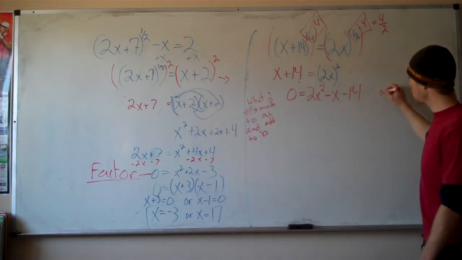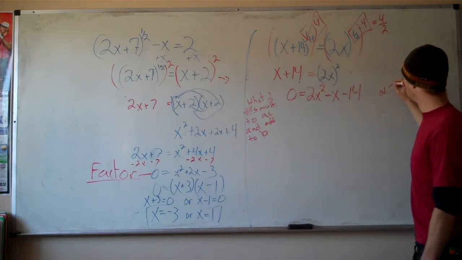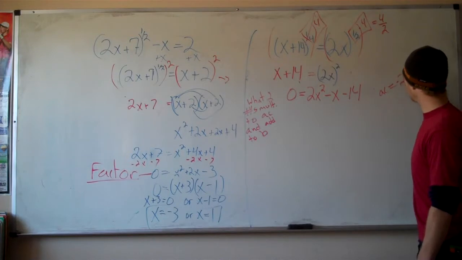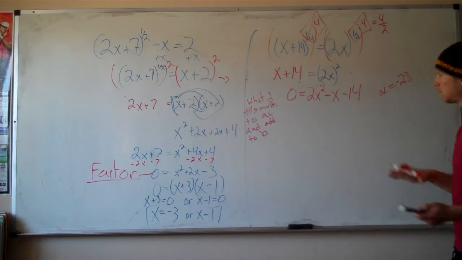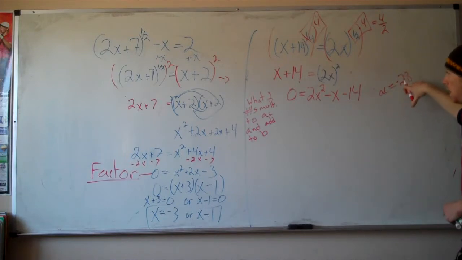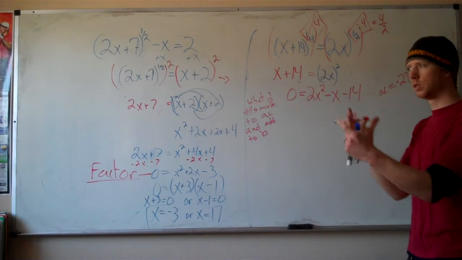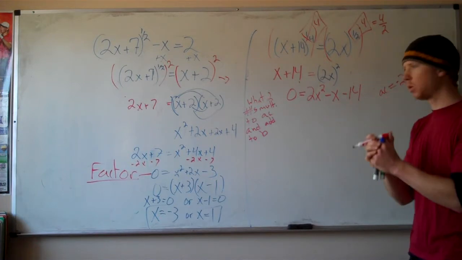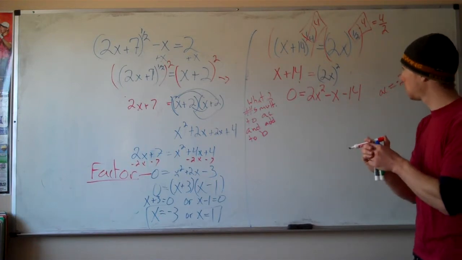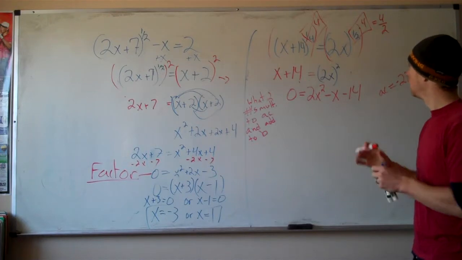Well, here AC equals -28. And if I look at my factors of -28, I have 7 and 4, I have 14 and 2, I have 28 and 1.